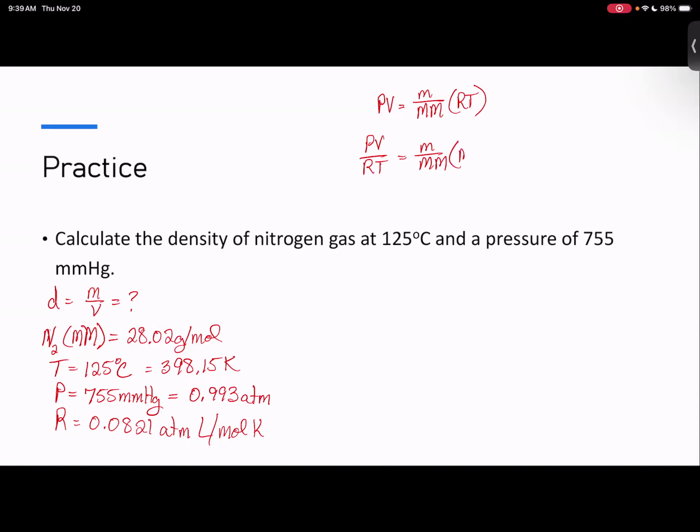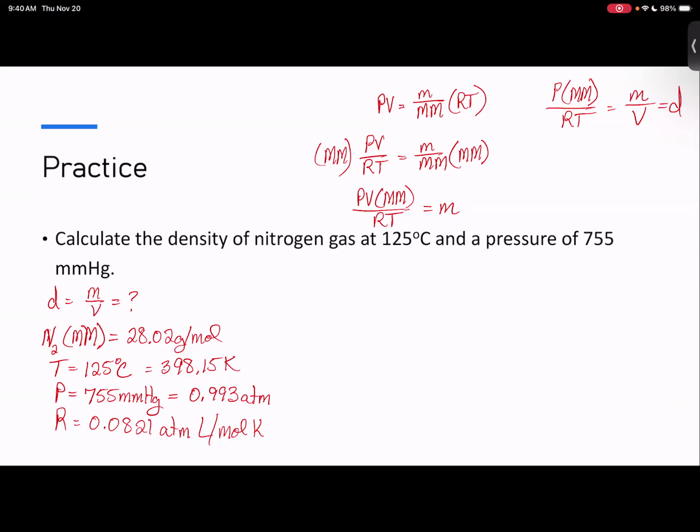We then multiply both sides through by the molar mass, and you get PV times the molar mass over RT is equal to the mass. Dividing both sides through by volume, we then get P times the molar mass over RT is equal to the mass divided by the volume, which is equal to the density.